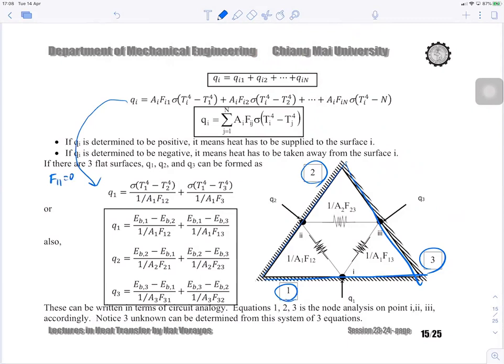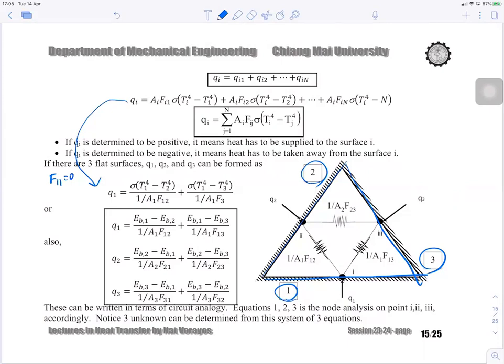So instead of having three terms on the right hand side, it's going to be just 2 terms. Then Q1 is going to be equal to sigma (T1 to the fourth minus T2 to the fourth) over, I bring the A1 F12 to the bottom of the ratio.